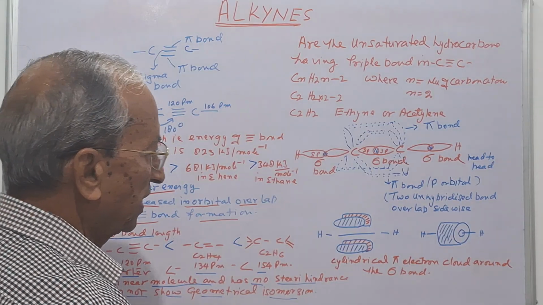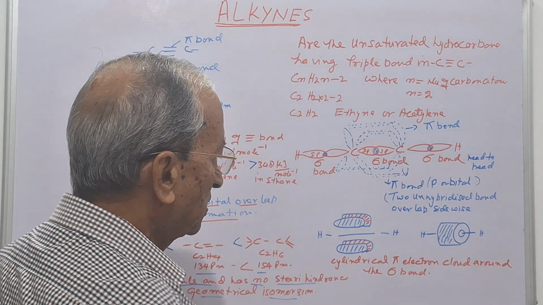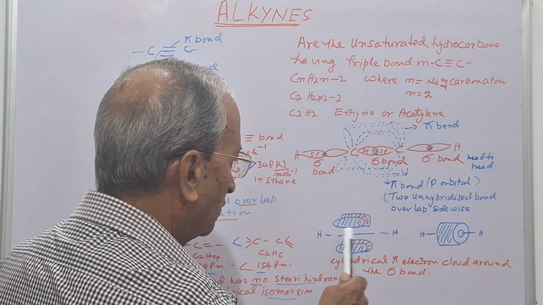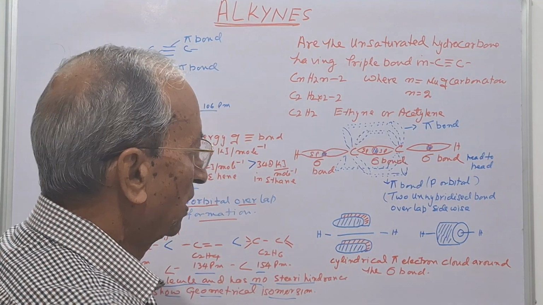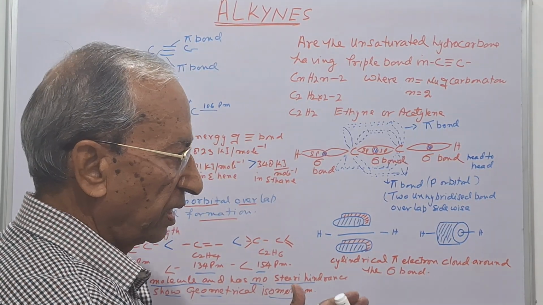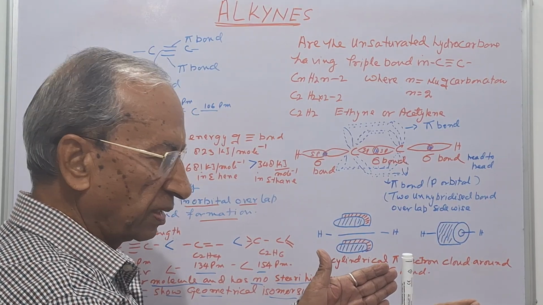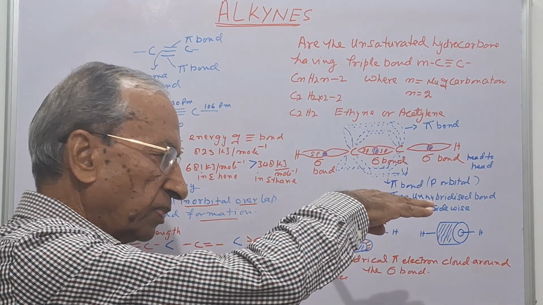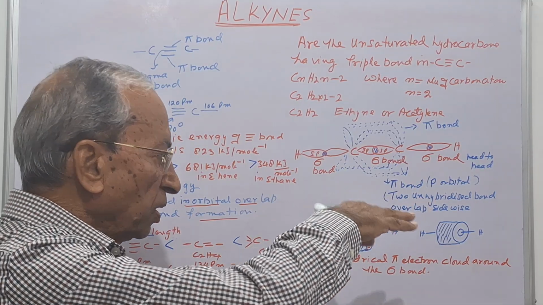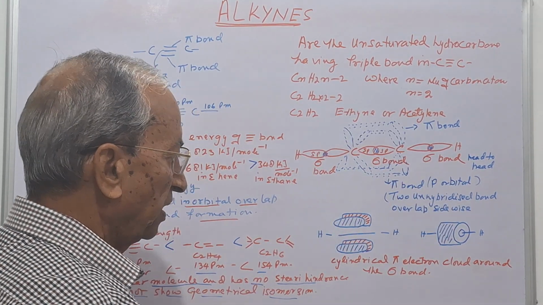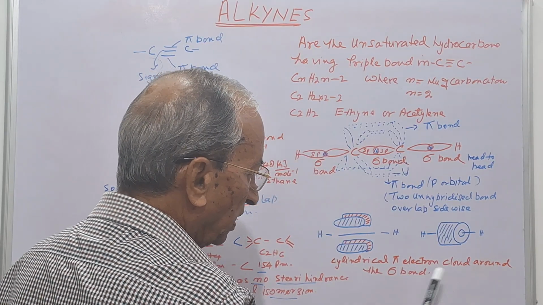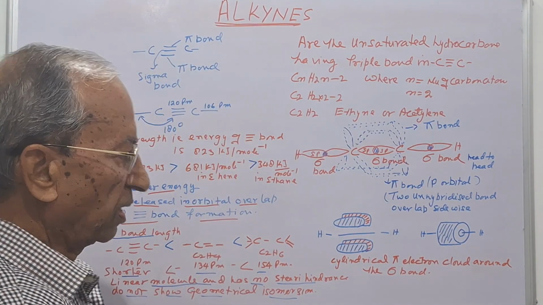Now it is very interesting how these pi bonds arrange themselves around the sigma bond. If two pi bonds, one is front and back, and the second is below and above the sigma bond. So it forms a cylinder-like structure, that is a cylindrical pi electron cloud around the sigma bond.